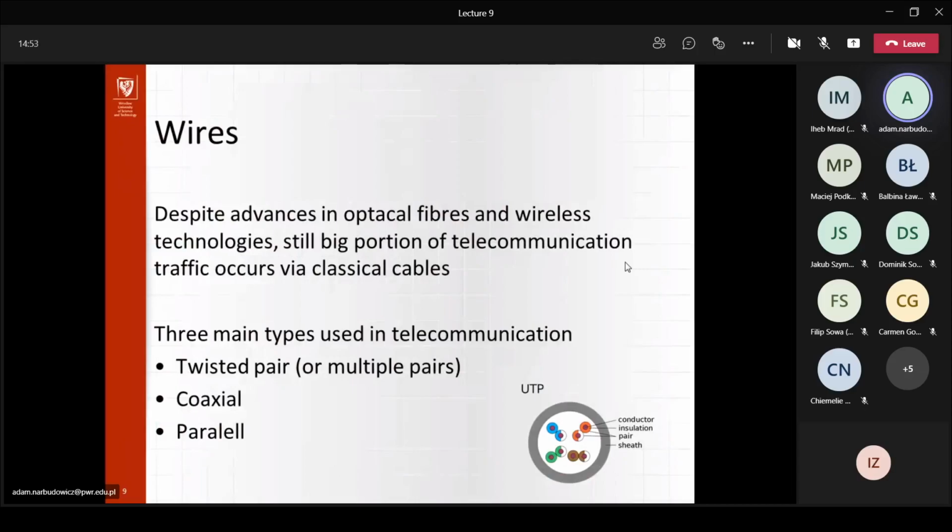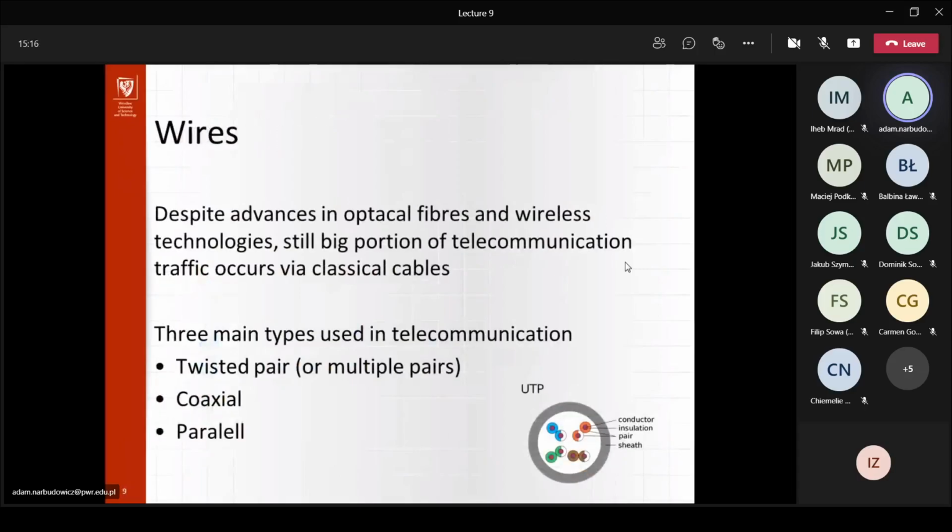And well, at the end of the day, in many cases, the cables still cover the so-called last mile problem, right? So basically, many buildings, many institutions, will still to some degree rely on copper wiring for the last part of the access network.